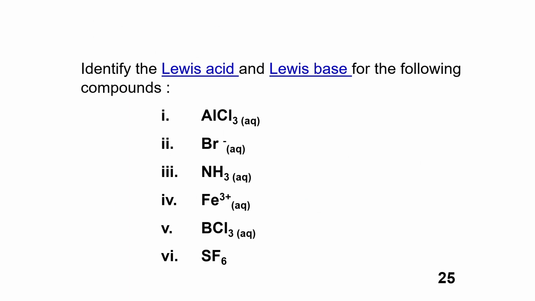Okay, exercise for Lewis acid and Lewis base. Okay, identify which one is a Lewis acid and Lewis base. So Lewis acid tadi kita define sebagai yang less electron sebab dia boleh accept electron pair. So kalau untuk Lewis base, molekul ataupun substance tu mesti more electron untuk dia donate electron pair.